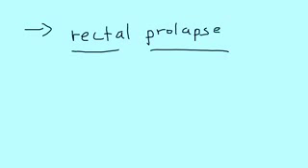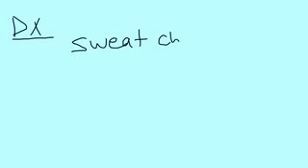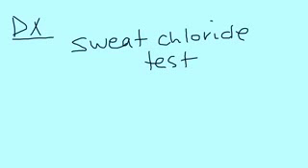Well, now let's get into the diagnosis. How do you diagnose this? How do you figure this out? Well, it's a famous test, the sweat chloride test. As I mentioned early in the video, chloride concentration in the secretions is much higher than in a normal person because the chloride is not able to get reabsorbed into the cells.